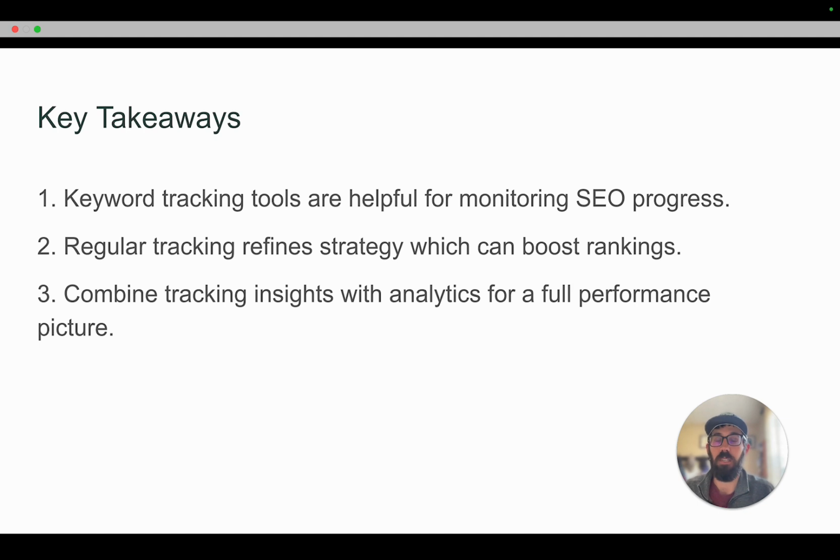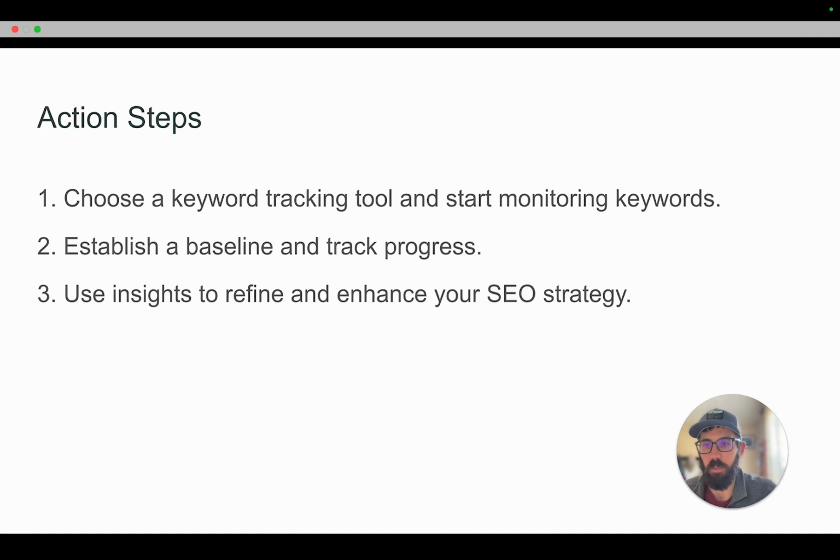If you're serious about your SEO work, you probably want to have some version of keyword tracking happening. Regular tracking will help you refine your strategy, which will help you improve your rankings and hit other keywords that you weren't even thinking of initially. And then you want to make sure that you're tying those keyword insights into the rest of your analytics so you can get a full picture of how your campaign is going.